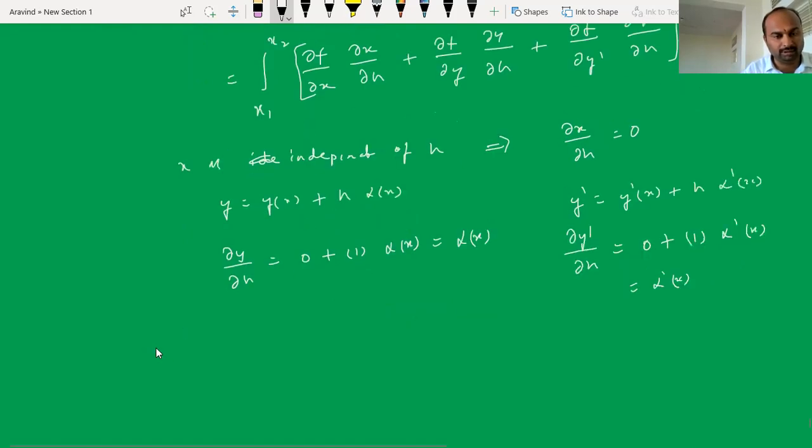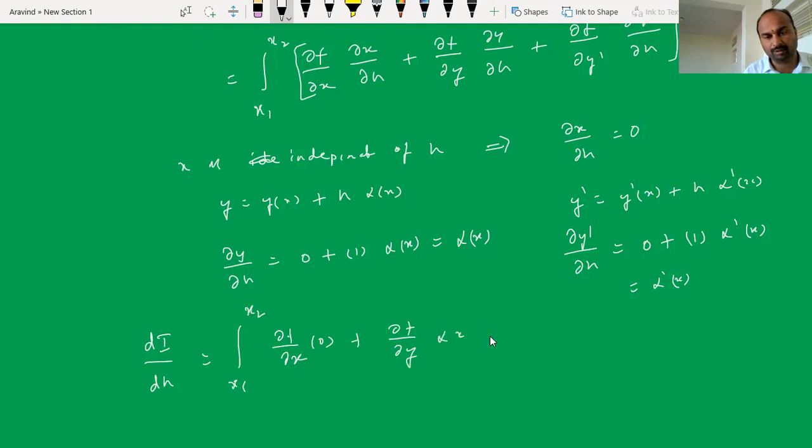So dI/dh is equal to the integral from x1 to x2 of ∂f/∂x, and this will be 0 because of this, into ∂x/∂h, plus ∂f/∂y into ∂y/∂h, which is α(x), plus ∂f/∂y' into ∂y'/∂h, which is α'(x), into dx, is equal to 0.